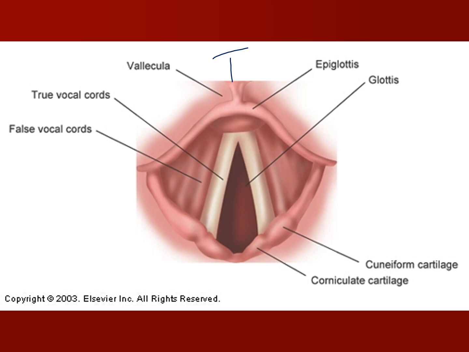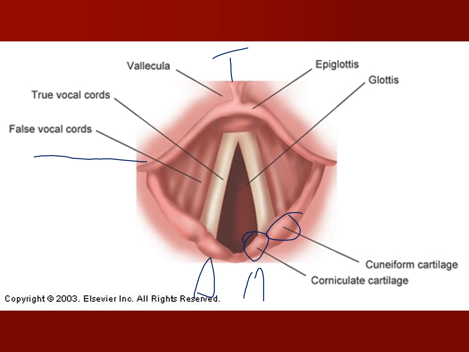You have your corniculates, which are these guys. You have the cuneiform, which are these guys. And then your arytenoids would be behind or underneath these. These are superior. Remember, the arytenoids are the base of the vocal cords. So imagine these are below, or you can't see, you're superior to the arytenoids.